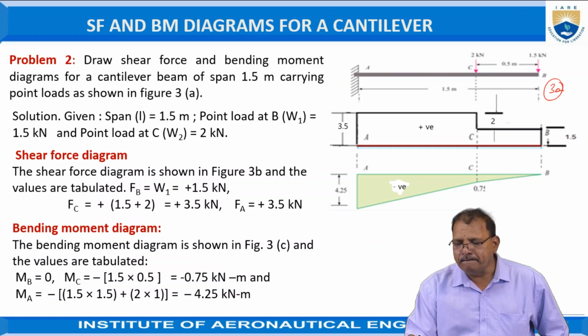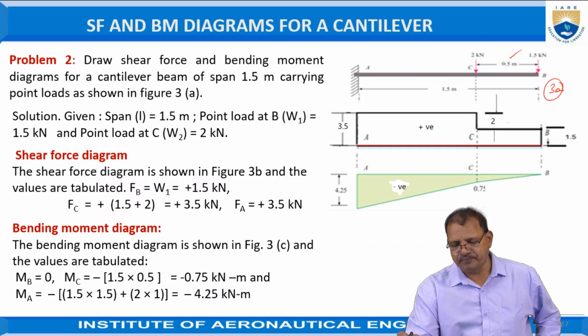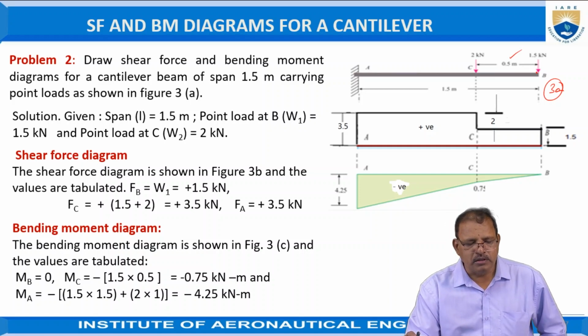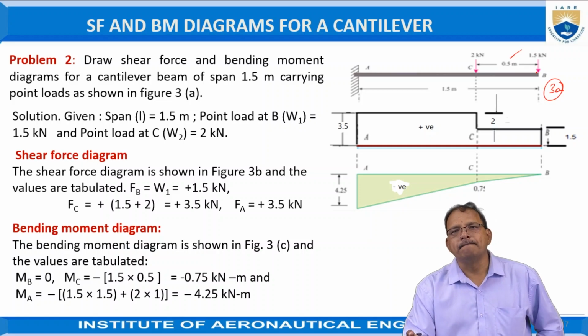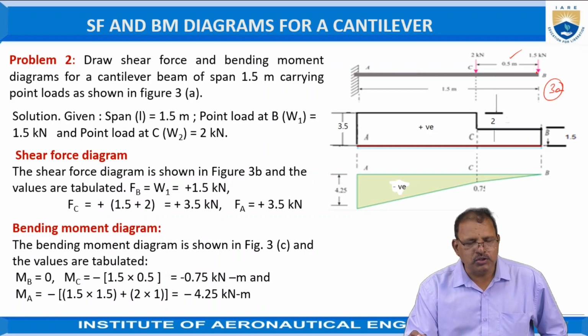The point load at B, the end, is 1.5 kilonewtons, and at point C it is 2 kilonewtons. The distance between B and C is 0.5 meters. Okay, we have to draw the shear force and bending moment diagram for this beam. So the shear force now.